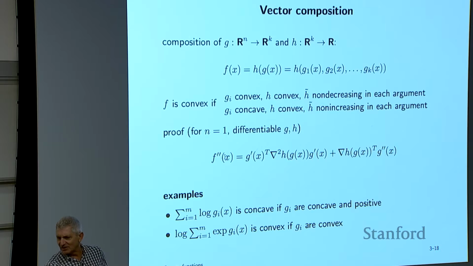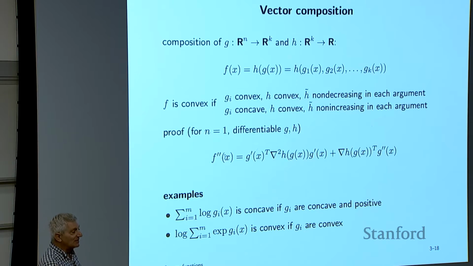Okay, now it's time for me to tell you the full story. I think we have a homework problem on it. It should honestly have been a problem in the book, but too bad. The most general form says this function is convex provided h is convex, and now I'm going to iterate over the arguments.